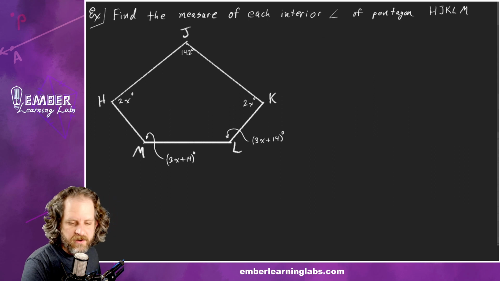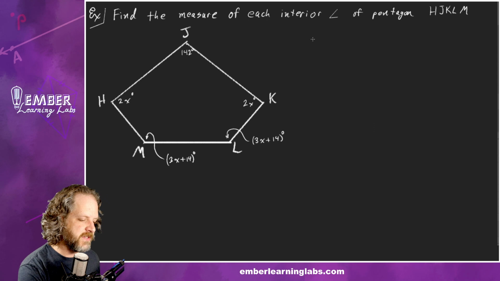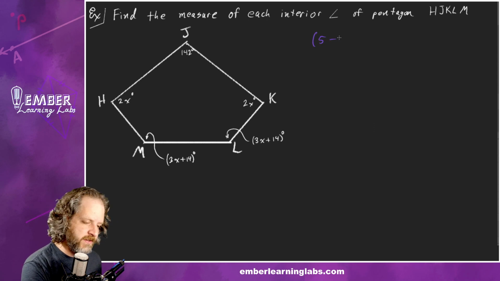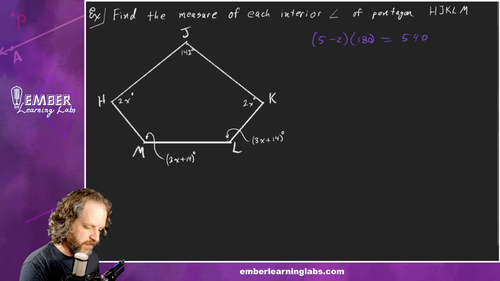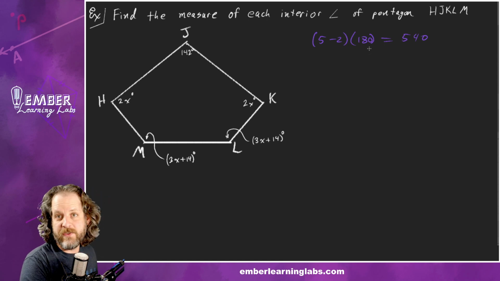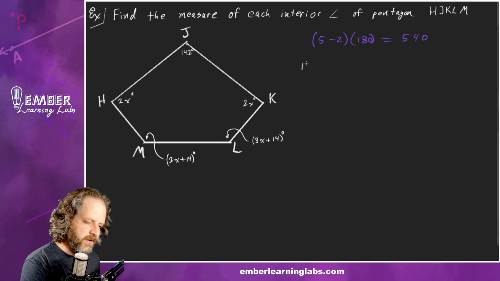I'm going to put it with the notes for this example just so that it's there. So it's a 5-sided figure, minus 2 times 180, and we already know that's 540. So what kind of equation could we set up for this? Well, that's easy peasy. It'd be this one plus this one plus this one plus this one plus that one equals 540. So let's do that.